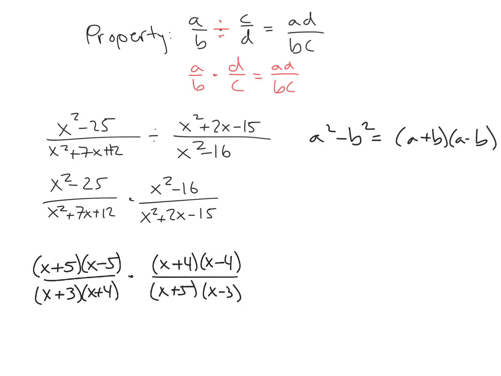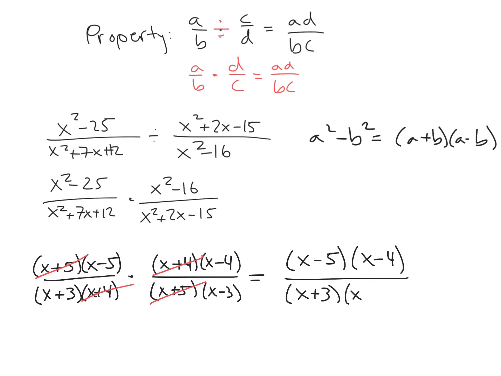Now, of course, looking at this right here, we see what's going to simplify, and in this case, the plus 5s are going to simplify, the 4s are going to simplify, and everything else will stay put because there's not one on top and on bottom. So then we got x minus 5, x minus 4, over x plus 3, x minus 3.